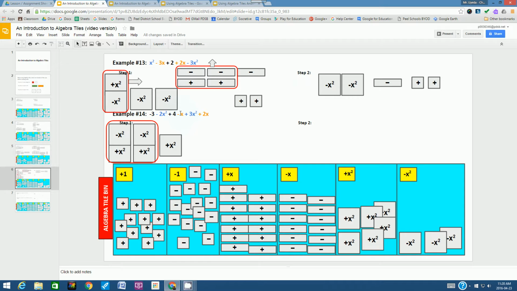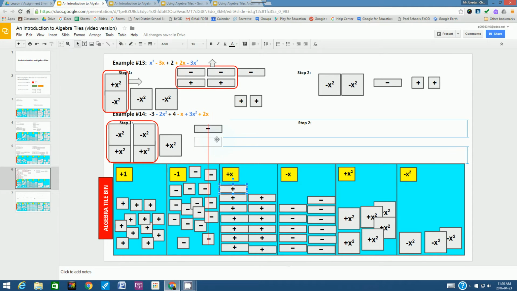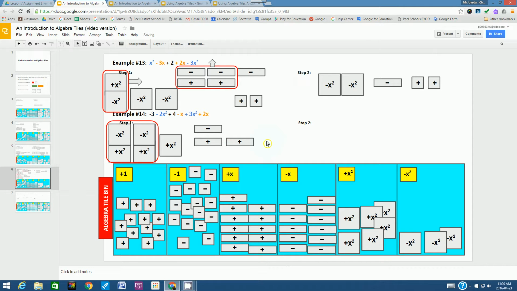So now I'm moving on to my x terms. So when I organize and build my x terms, I notice that I have one zero model created.